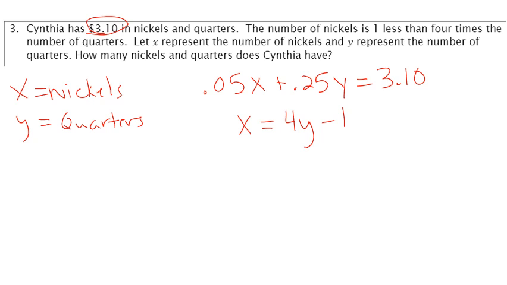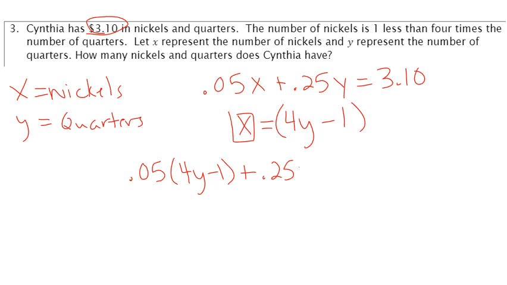So when we do this problem, we're maybe going to want to do substitution. Might be a little easier. When we substitute this in, we get 0.05x. In x, we're going to put 4y minus 1. And then plus 0.25y equals 3.10. We're going to distribute.